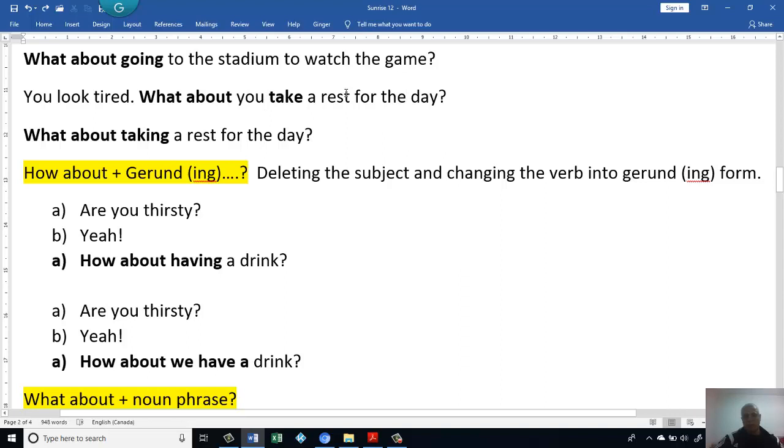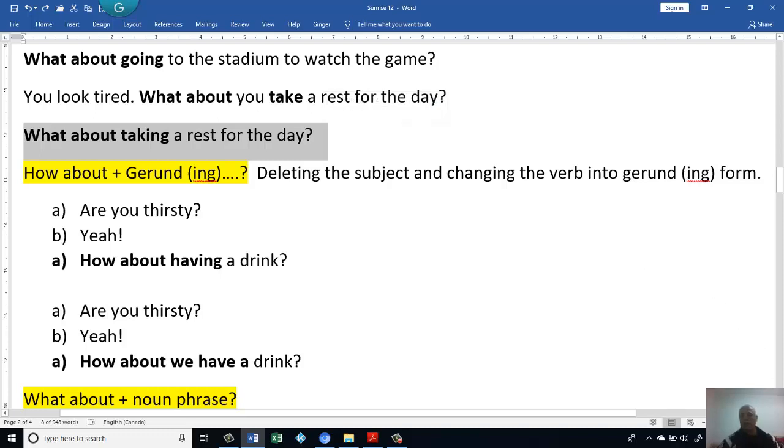We could keep it like this, or sometimes we delete the subject "you" and change the verb "take" into the ing form, as we did here. "What about taking a rest for the day?"